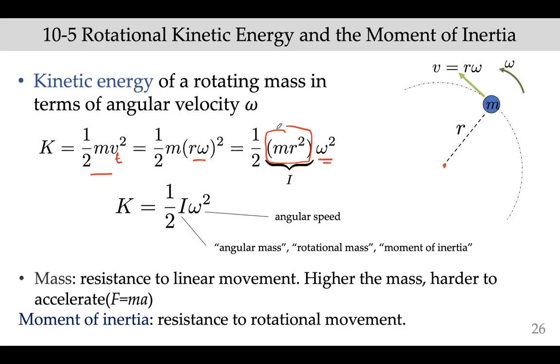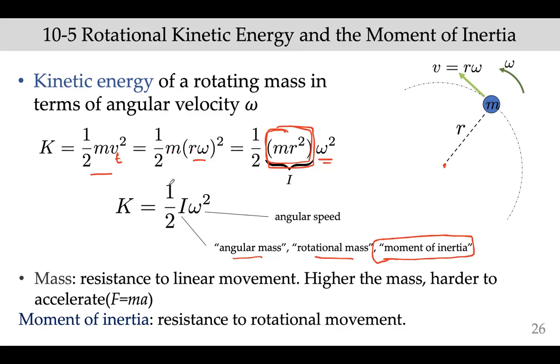And we will call this term I, which is called angular mass, rotational mass, or moment of inertia. We will prefer the term moment of inertia in this lecture. It's the most common term for this one.